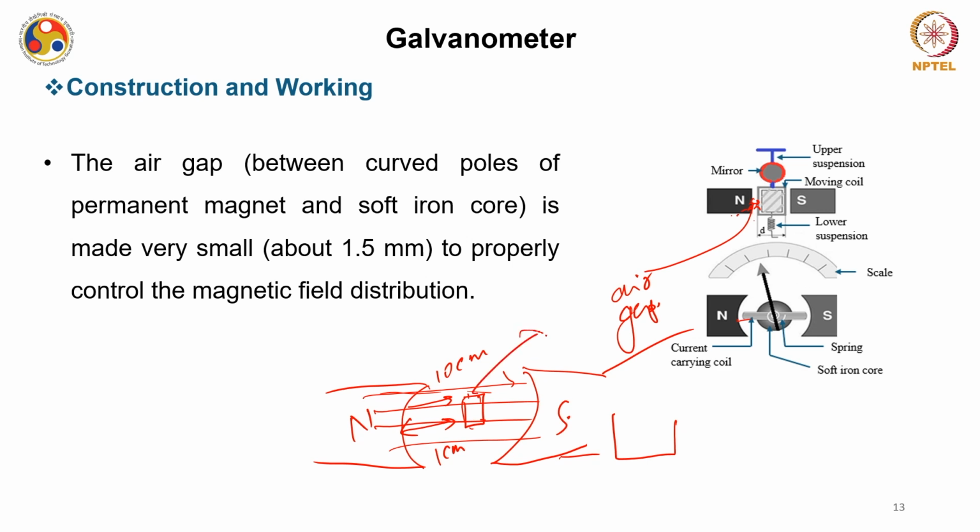The role of this core here is to make the field radial. When this air gap is too large, you will not be able to control the field distribution.